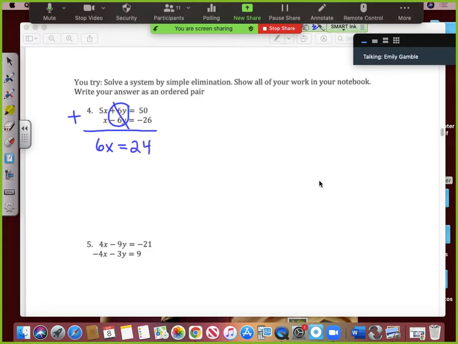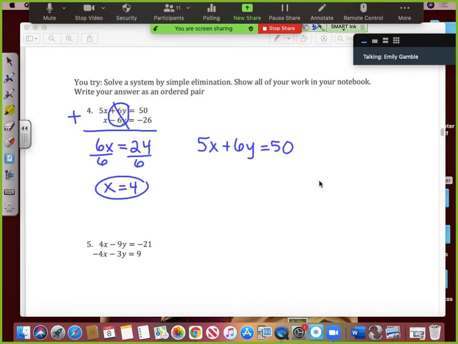Then once you have this little equation, you can solve for x by dividing by 6, and you're going to get x is equal to 4. Once you have one of the answers for x or y, then you can replace it in for one of the equations to solve for the other variable. I'm going to use the first one, 5x plus 6y equals 50.